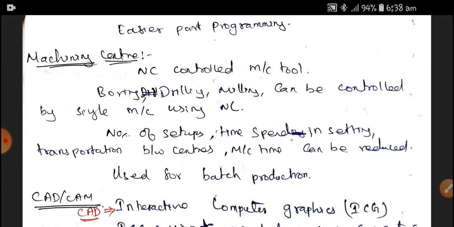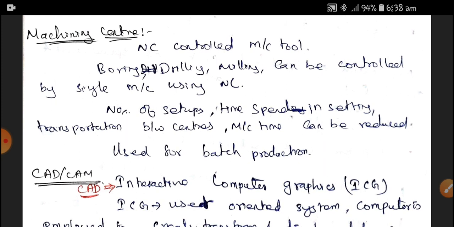The machining center can be a horizontal machining center or a vertical machining center based on the spindle position. If the spindle is in the horizontal position, it is called a horizontal machining center. If it is in the vertical position, it is called a vertical machining center, VMC and HMC we can say.